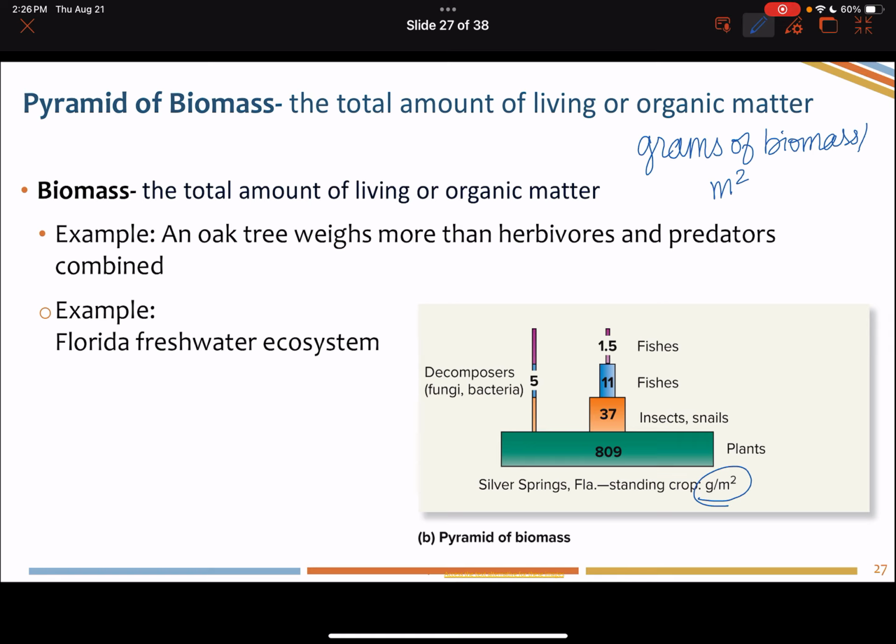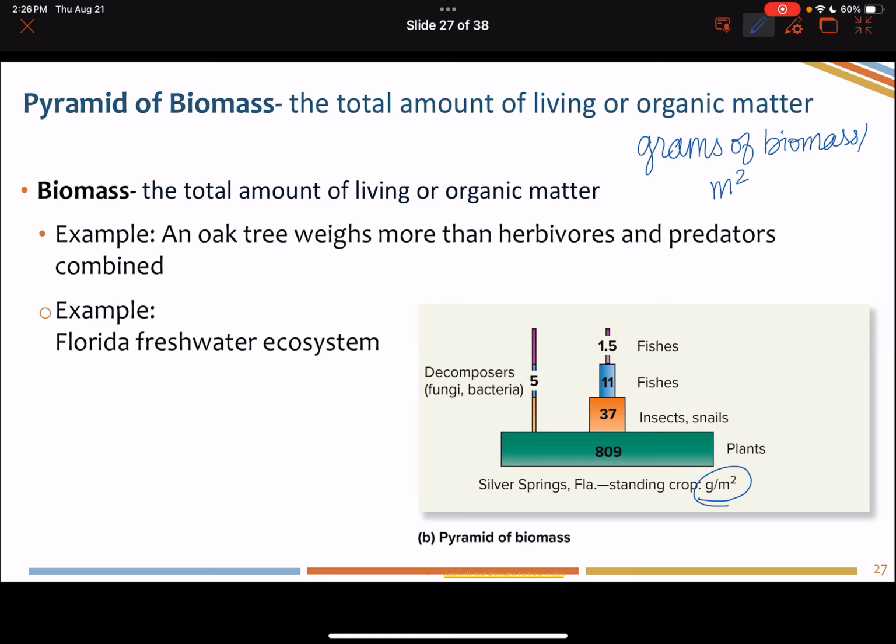Usually, again, our plant biomass is going to be the largest because those are the primary producers. And if you just look around in nearly any environment, the most common organism that you're going to see is a plant. So it's going to be the highest in numbers, and it's going to be the highest in biomass.